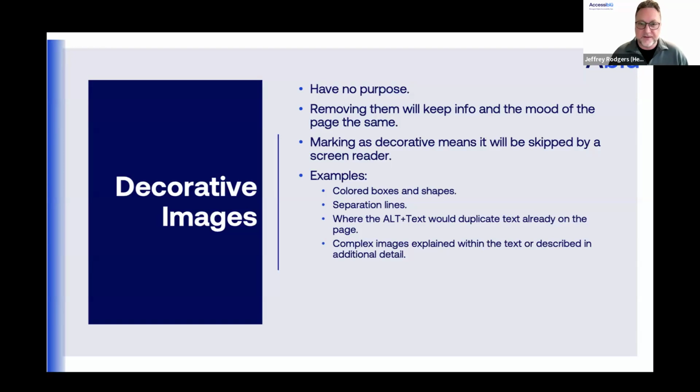Anything that's usually colored boxes or shapes behind anything, separation lines, those kinds of things, we don't need to add alt text for. And we certainly want to make sure that we're not duplicating information that's on the page a lot. So in your alt text descriptions, we don't necessarily want to recreate things that we're already conveying on the page, because again, that could be a little confusing.